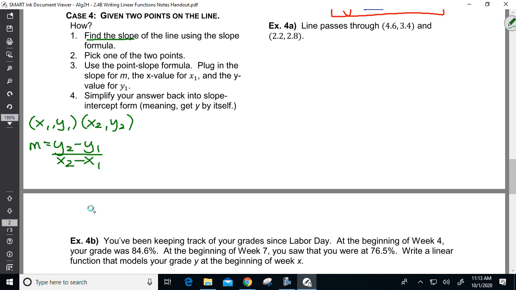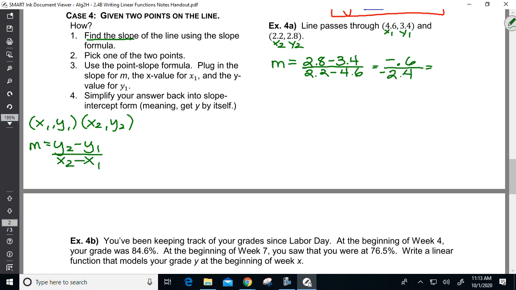So in the case of 4A, we have 2 points. We're going to find the slope. x1, y1, x2, y2. 2.8 minus 3.4 over 2.2 minus 4.6. 2.8 minus 3.4, negative 0.6. 2.2 minus 4.6, negative 2.4.